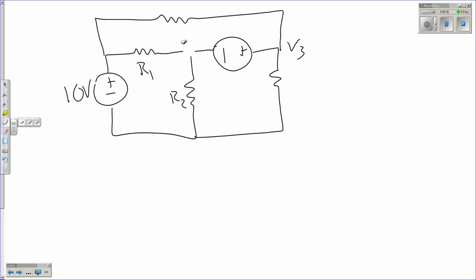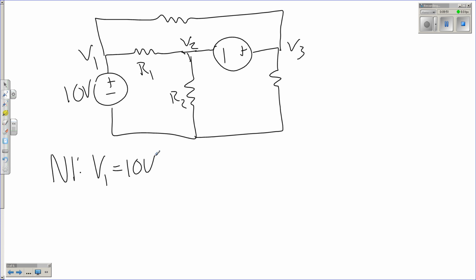So V3 twice, get rid of that one. V2 and V1. Okay, so V1, do it now because it's easy and I like having things up here. So V1 equals 10 volts. V2 now. Oh, that's tough.